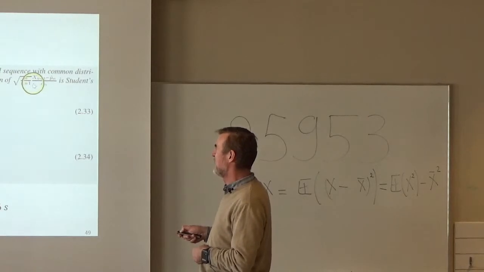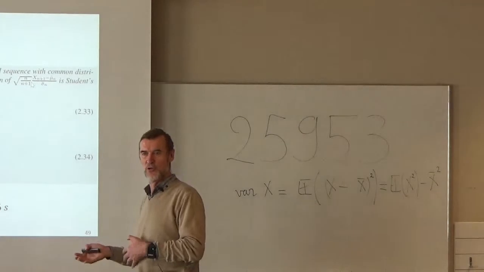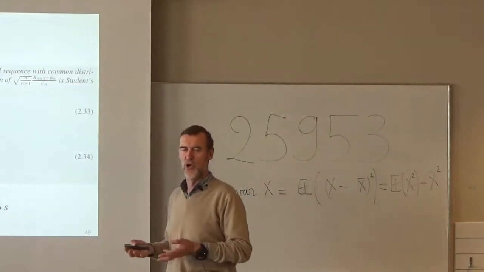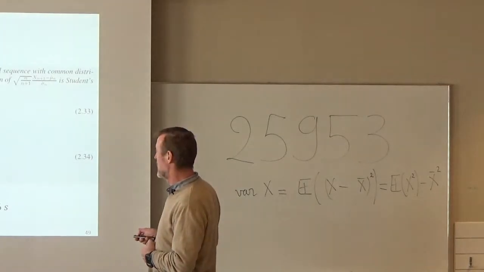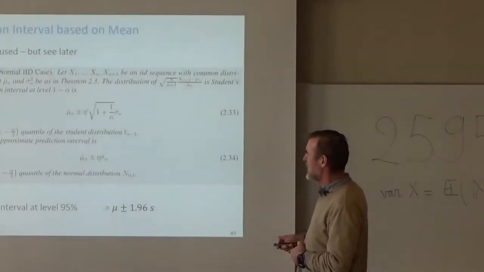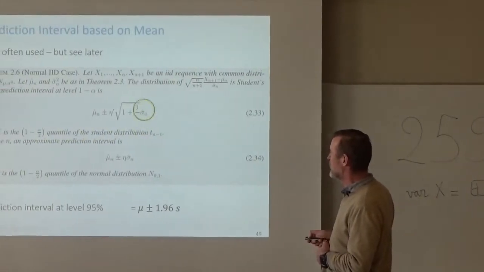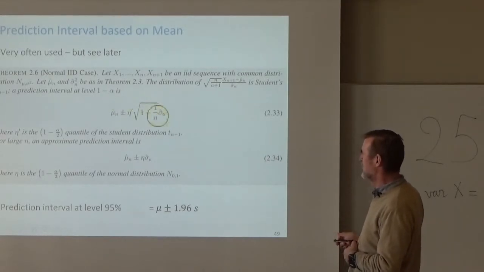So I know with 95% probability, this thing will be between the quantiles of the Student distribution, which are close to the quantiles of the normal distribution if n is large, but that's another story. So that gives us this result. If I take eta prime the quantiles of the Student distribution, then a correct prediction interval is this one.